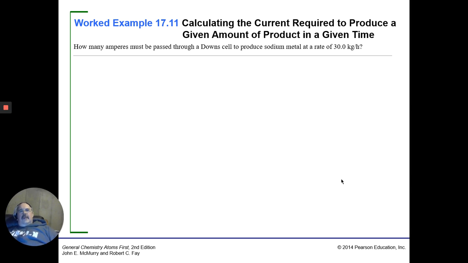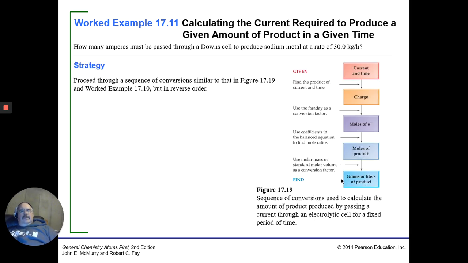Okay, this is calculating the current required to produce a given amount of product. Okay, so we would proceed through the sequence of conversions in a similar manner, but we would actually go in reverse order.